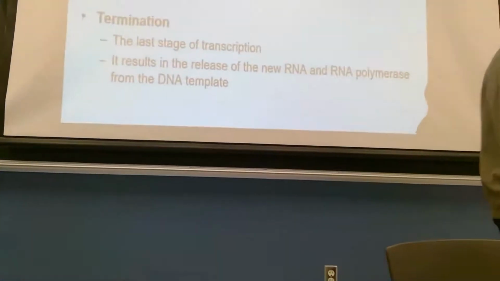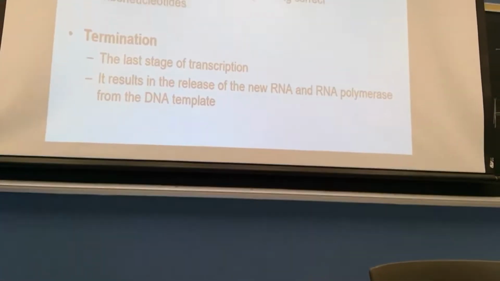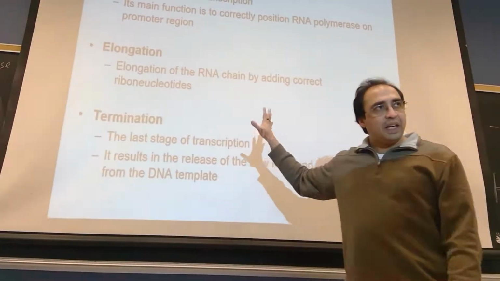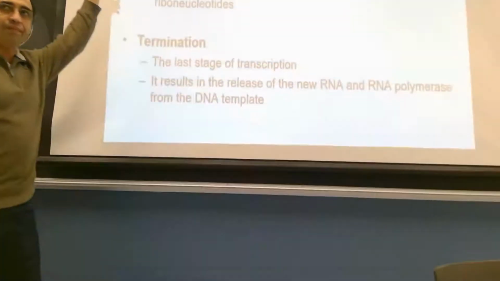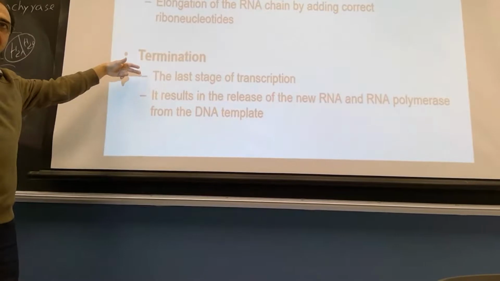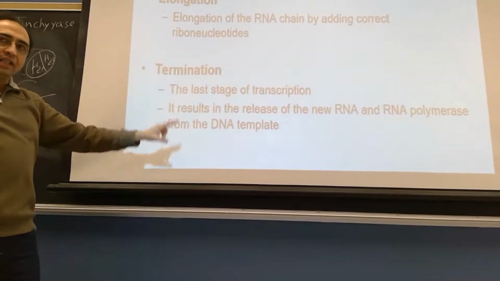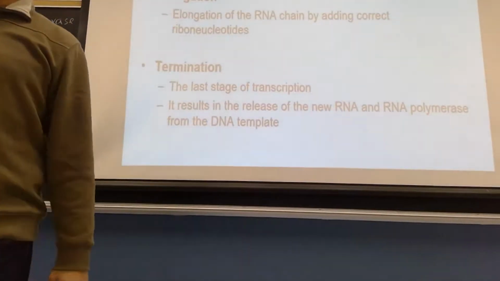Okay, so I'm giving the initiation of transcription, the first part. There are three phases, just like DNA replication: initiation, then elongation, and then termination. Initiation means the first stage of transcription. The function is binding the correct RNA polymerase onto the promoter site.